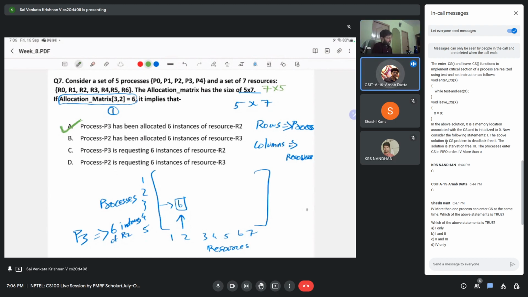Sir, I think that instead of R2, it should be R1, because resources start from R0, R1.